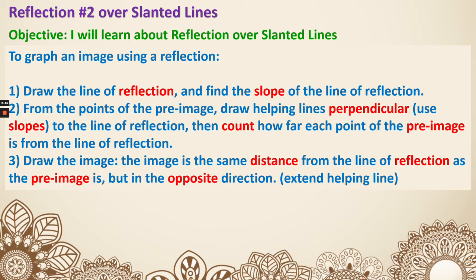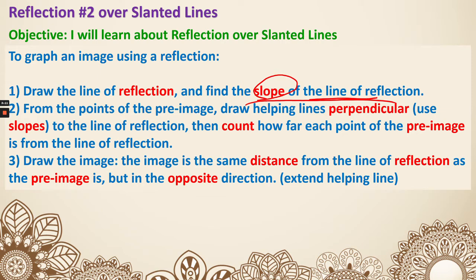Now let's have a look at the process to graph an image using a reflection. Draw the line of reflection first. That's the same as the last lesson, first step. This time we are going to need to find the slope of the line of reflection, because we need this slope so that we can do the perpendicular work. Step 2, from the points of the preimage, draw helping lines perpendicular to the line of reflection. If you can directly see the perpendicular, that's great.